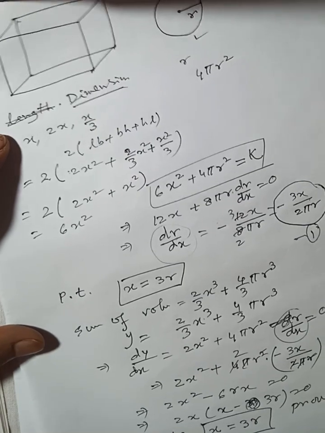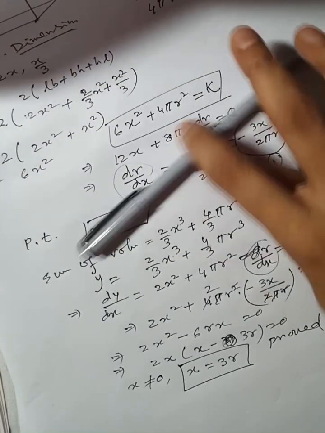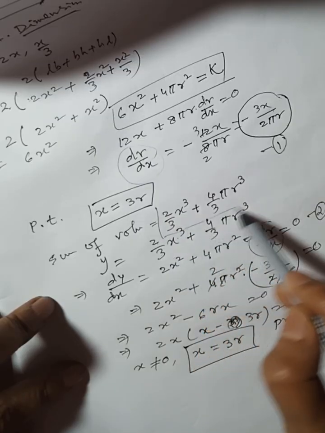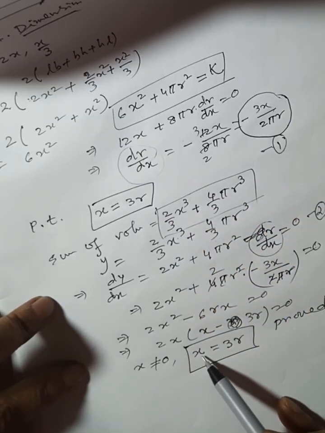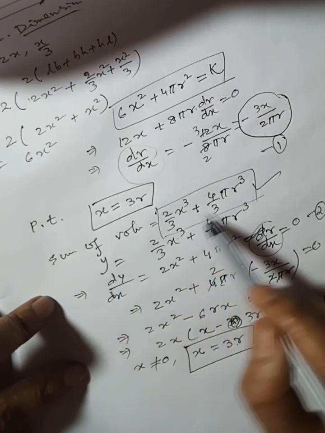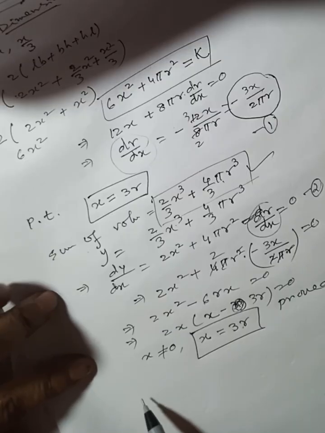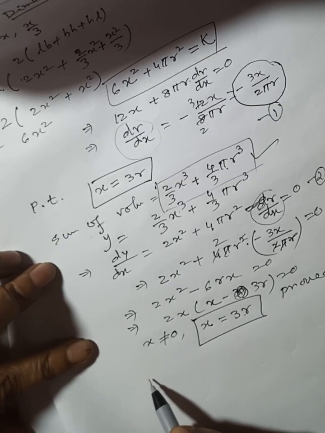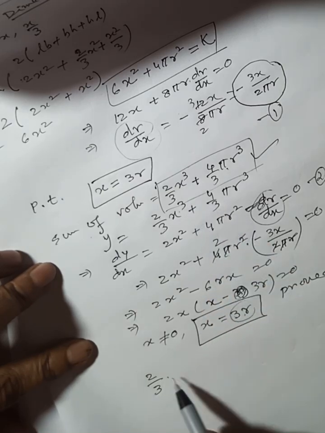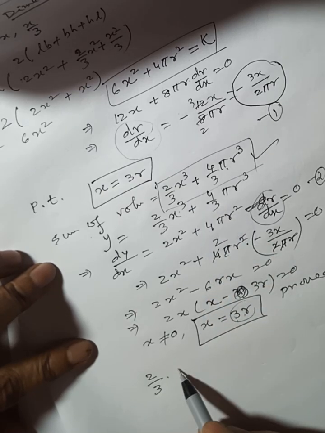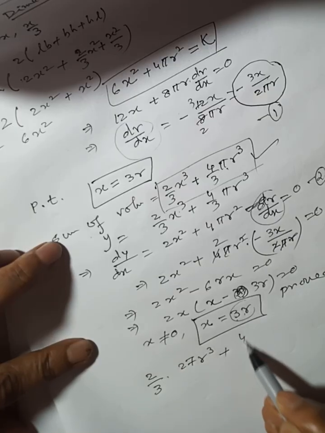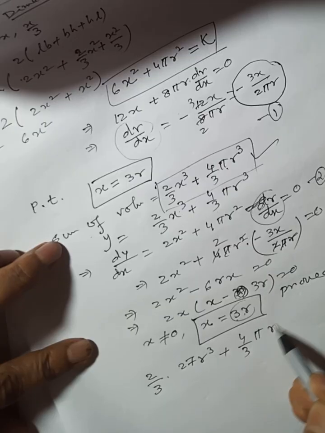Now we find the minimum volume. We just substitute x equal to 3r in the equation 2 by 3 x cube. x means 3r, so 3r cube means 27r cube, plus 4 by 3 pi r cube.